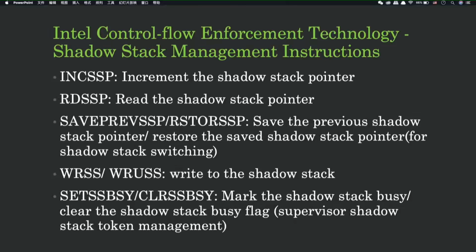As we know, different programs, different processes, different tasks are running at the same time on the CPU, so each of them will have its own shadow stack. When the task switches, we have to switch to a new shadow stack. SAVEPREVSSP and RSTORSSP are used for shadow stack switching, so that it can switch to a new shadow stack that can be used for the new task.